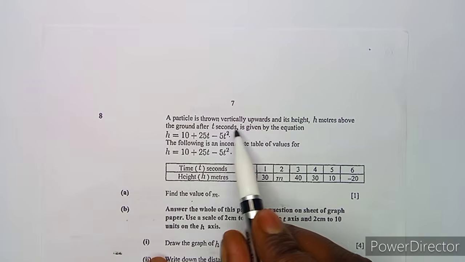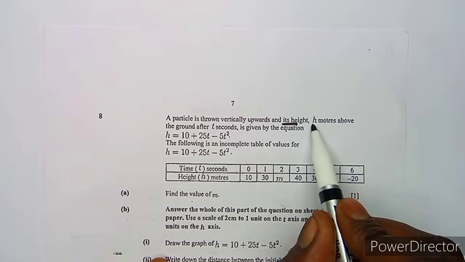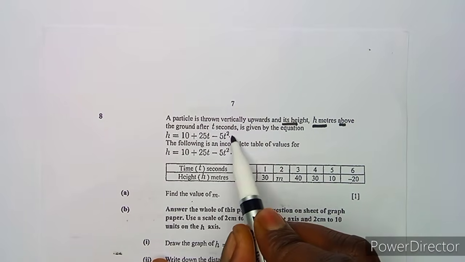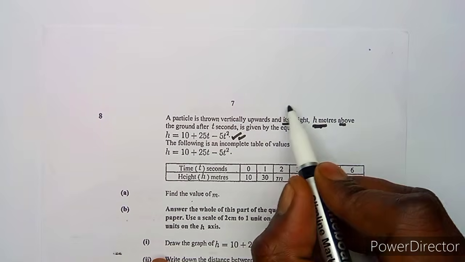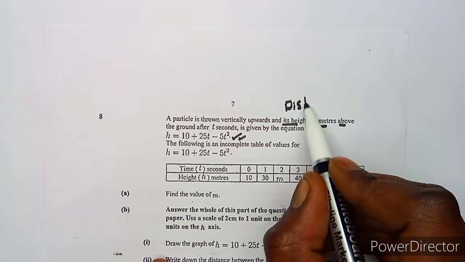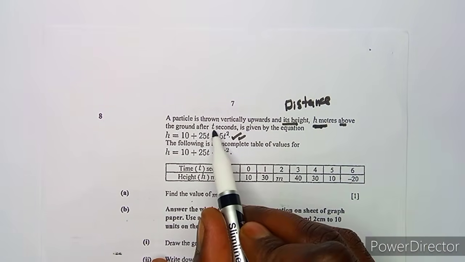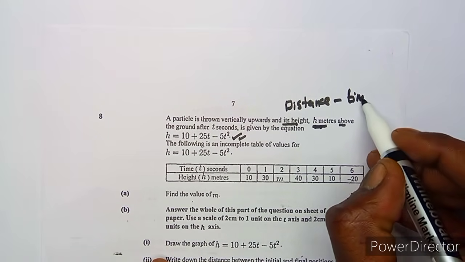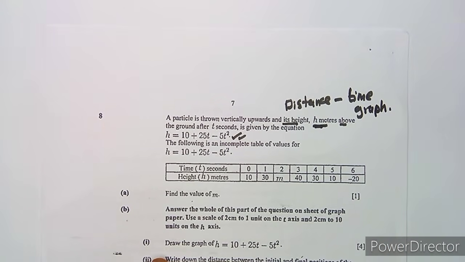This is a particle which was thrown vertically upwards and its height h meters above the ground after t seconds is given by the equation. Its height is distance, so which means we are going to obtain a distance over a time of t seconds. So we are talking of a distance time graph.